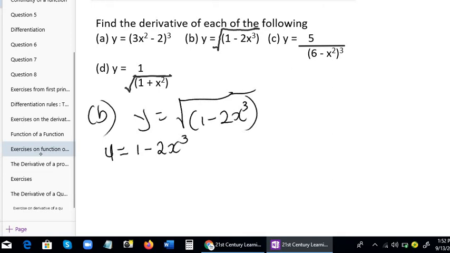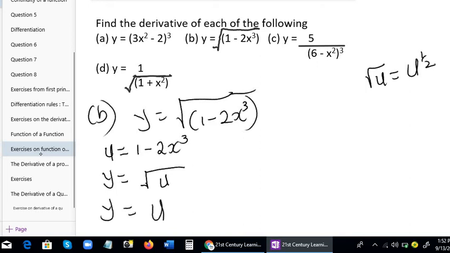If I make u to be this, then y will give me root u. Remember, root u is the same thing as u to the power 1 over 2. So I can say y equals u to the power 1 over 2.